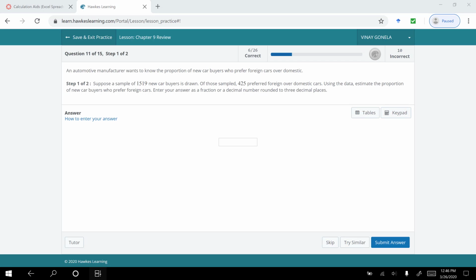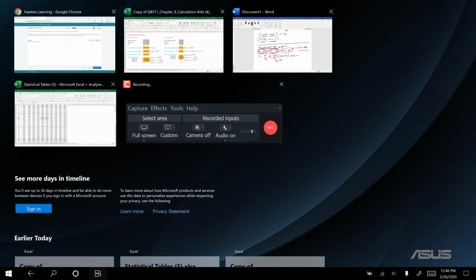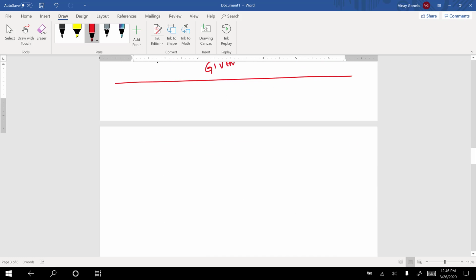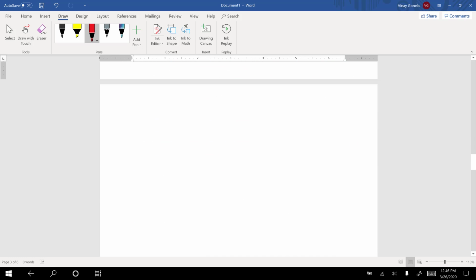First thing is, let's go here and try to note down those values. Maybe I will go to a new sheet. So this is Hawk's learning question. The first example I will take is foreign car, which is your problem itself.